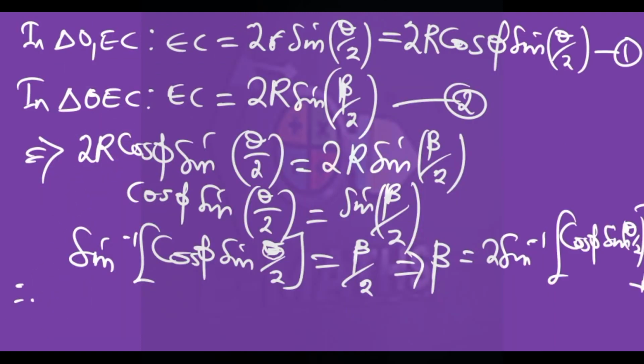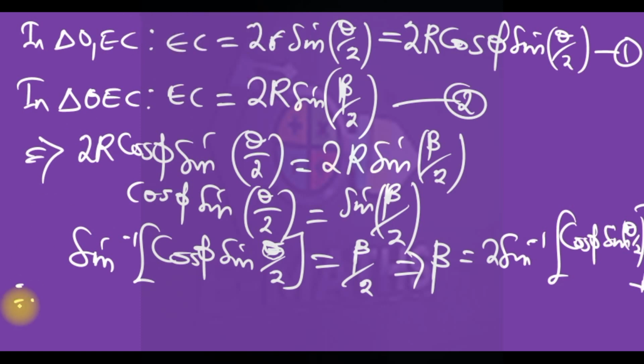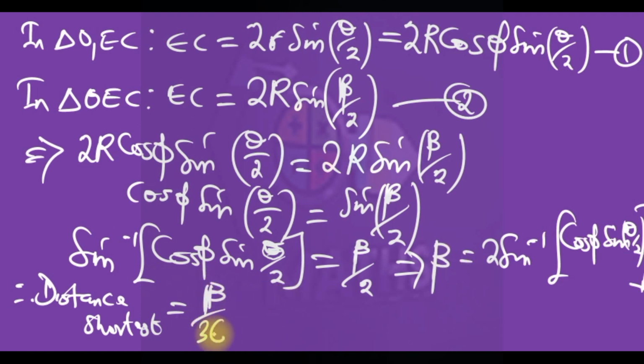Therefore, the distance along the longitude, which is the shortest distance, between 2 points on the Earth's surface is now equal to beta over 360 times 2 pi big R.